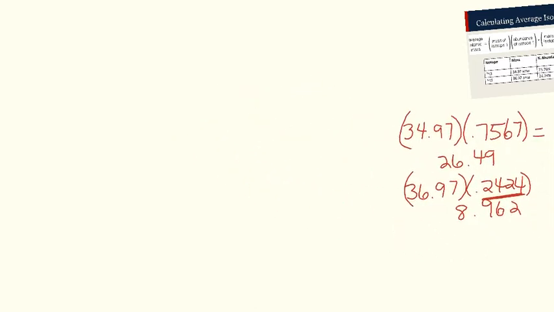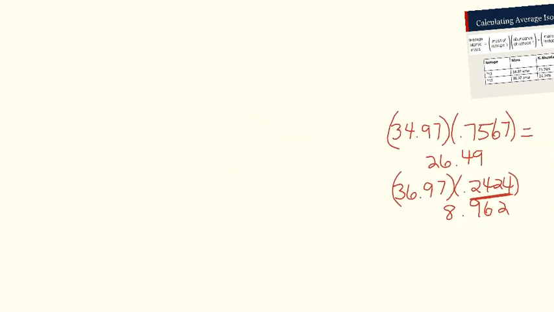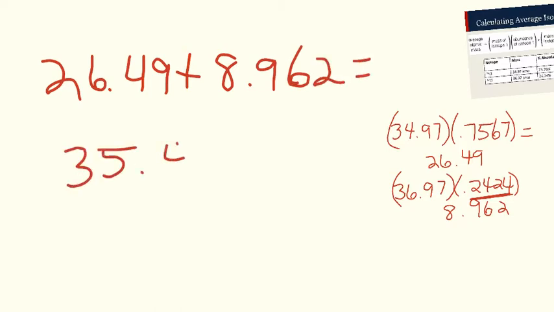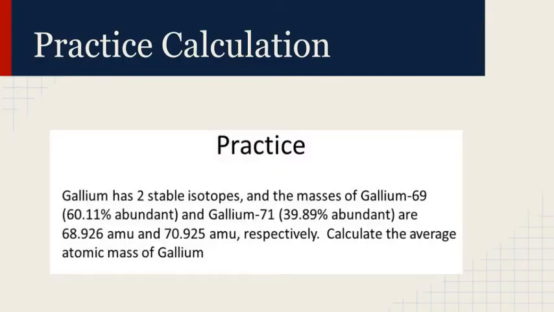If I then add together those two fractions, I get the average of 35.45. And I rounded it to 2 places beyond the decimal based on the rules of adding with significant figures.